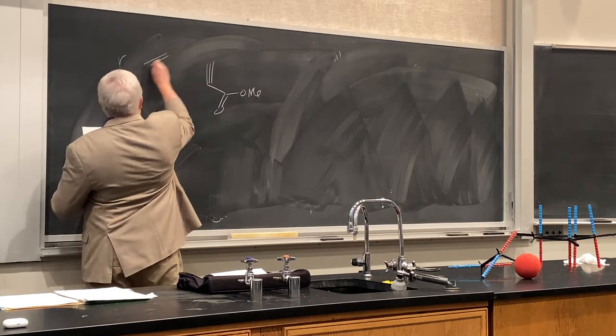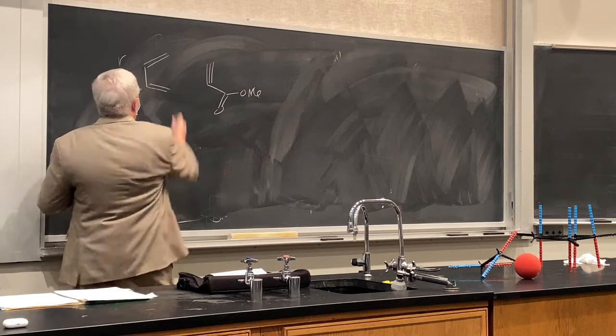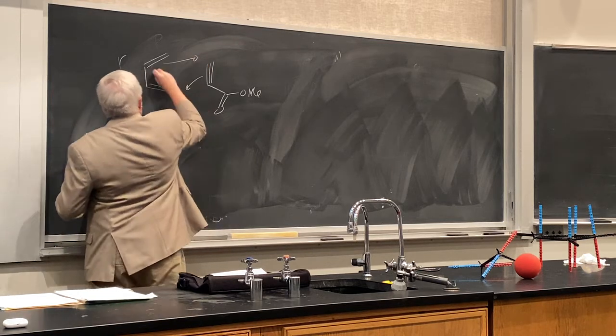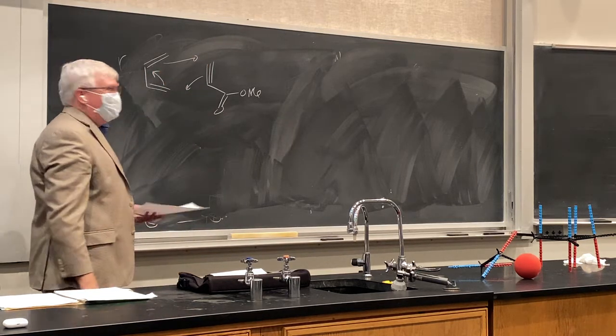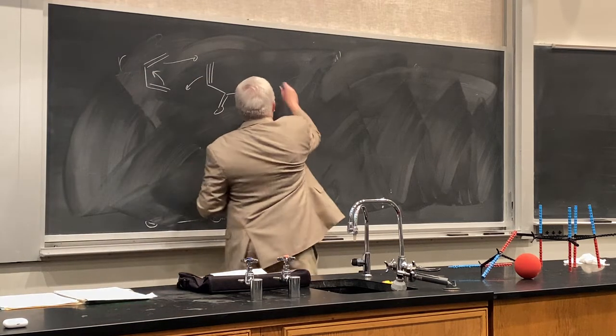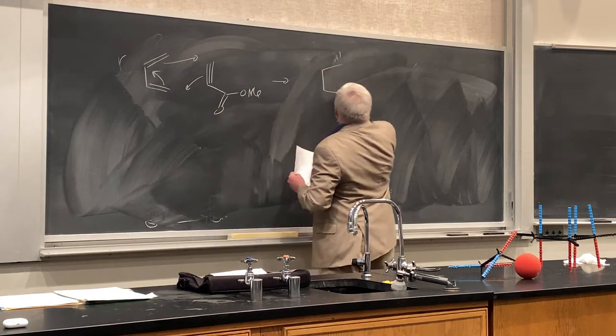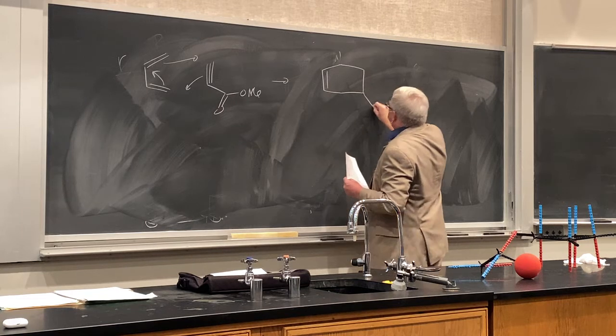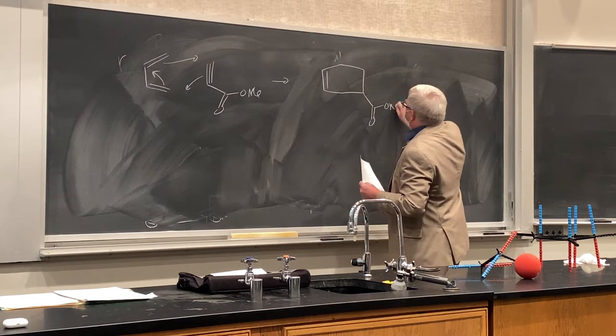And if we've got butadiene here, can do the Diels-Alder right here. We've got an alkyne here, right? sp hybridized. And so let's see, we'll still have the ester here, methyl ester.